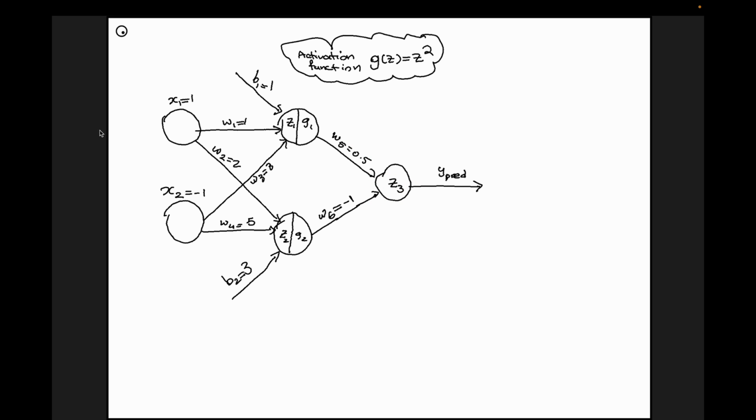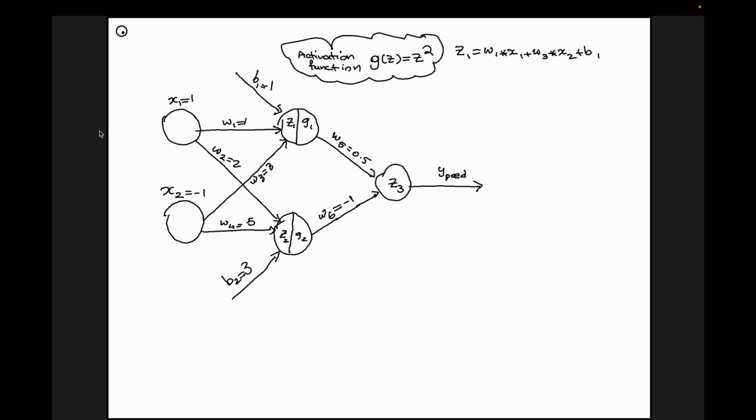So in order to make sure we understand what is going on there, let's make sure we write things down. So for example, Z1, which is identified here, is W1 times X1 plus W3 times X2 plus its bias, which is B1.